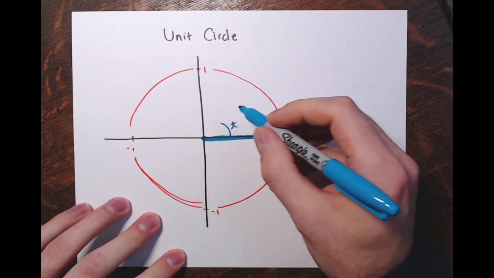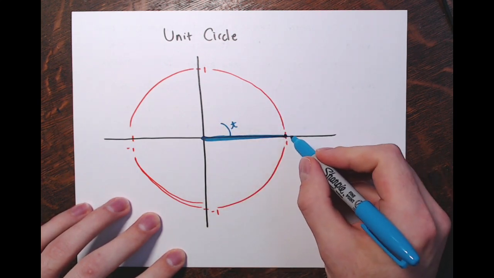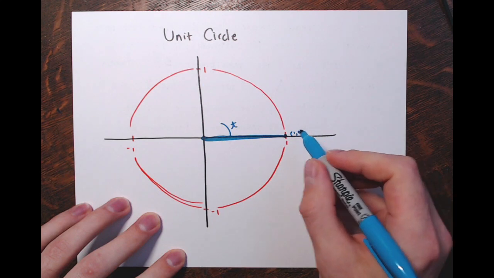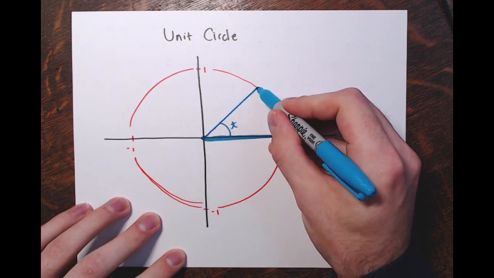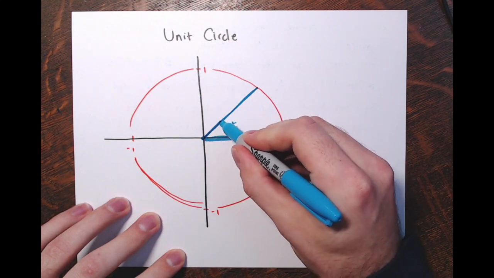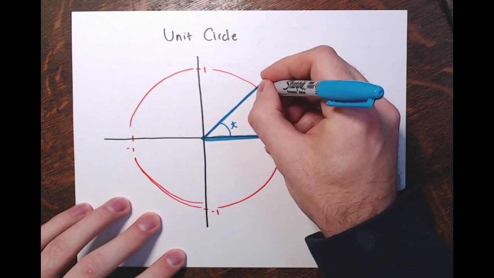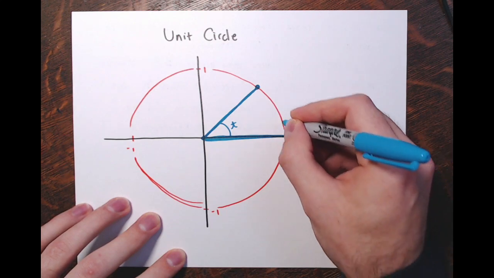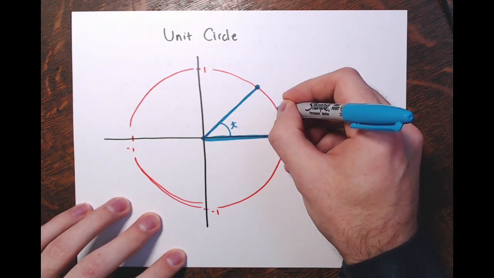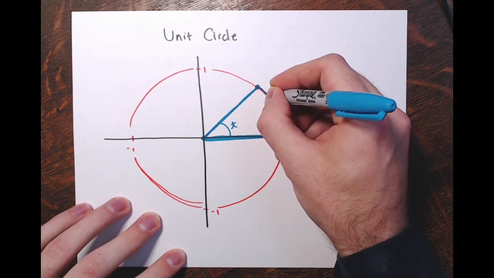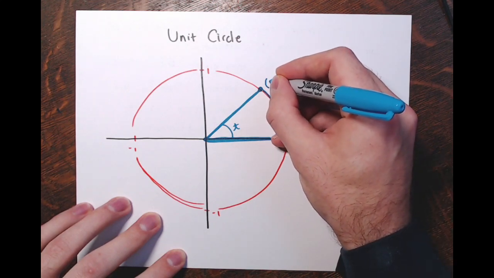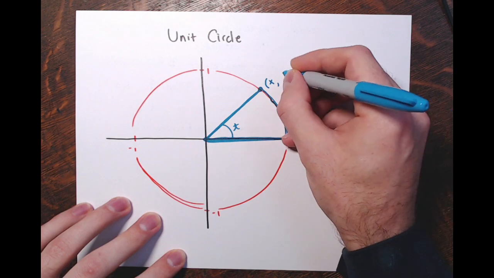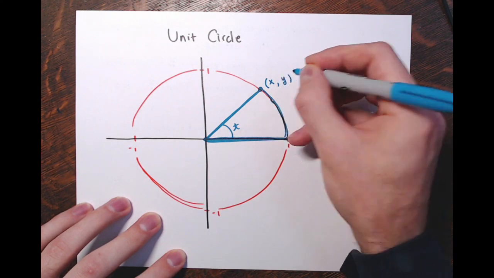I start at the point (1, 0), sweep out some angle, get the terminal side of my angle, and end at some point on the unit circle. Let's say this point has an x coordinate, x, and a y coordinate, y.